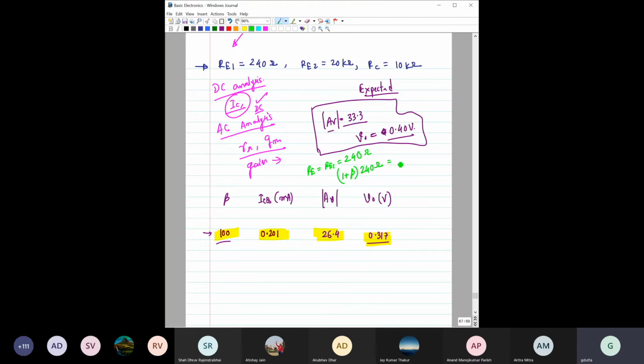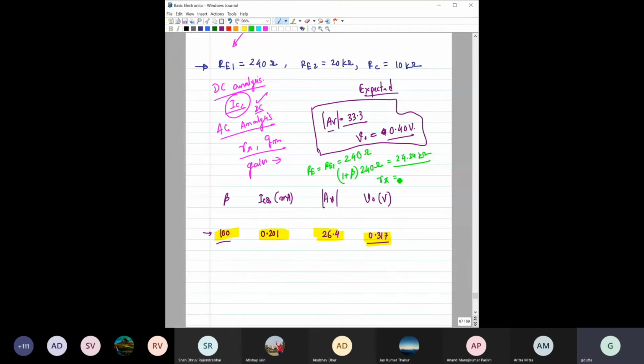Beta is 100. How much is it coming? 24.24 kilo ohm. Are you sure? 24.2. Okay, so 24.24 kilo ohm. This is 1 plus beta RE.